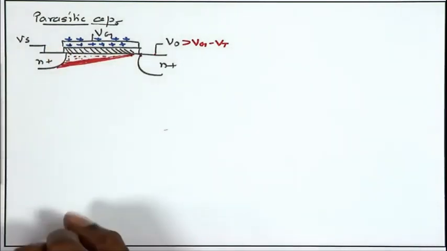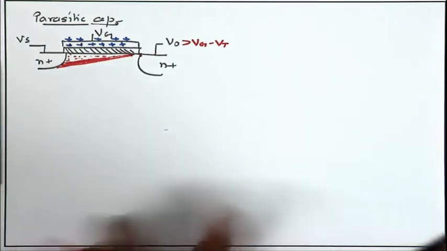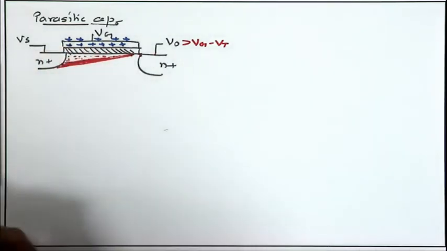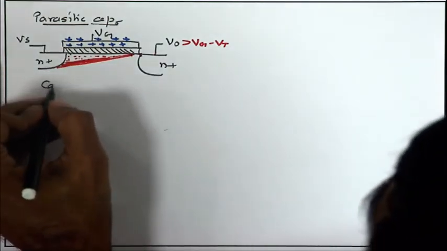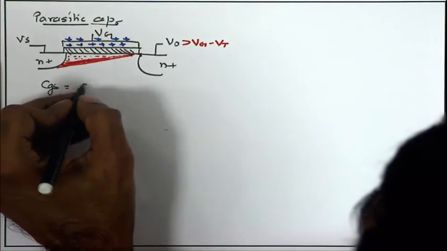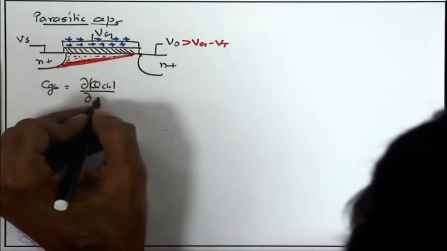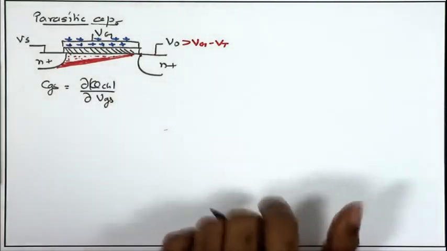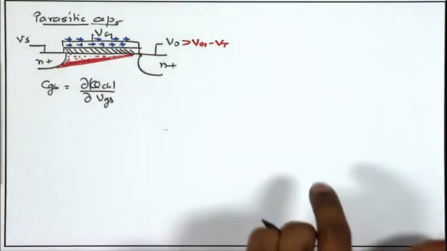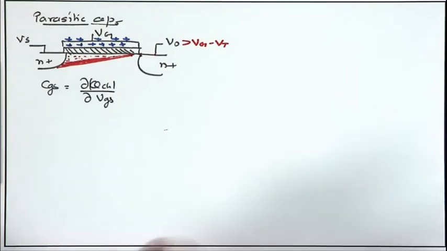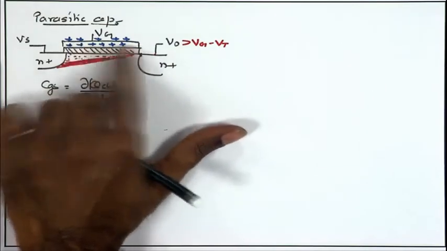For example, if I have to define C G S, the small signal capacitance between the gate and the source, I can define it as C G S equals d mod q channel by d V G S. Why mod? Because the charge in the channel is negative, and we are looking at the magnitude, since that much positive charge you are putting on the plate.